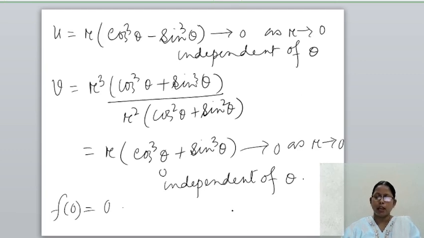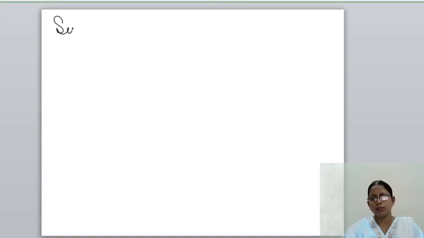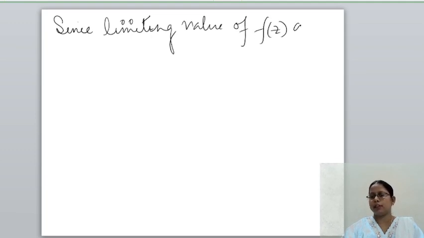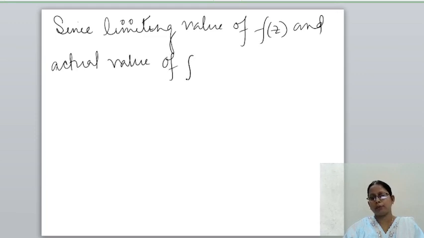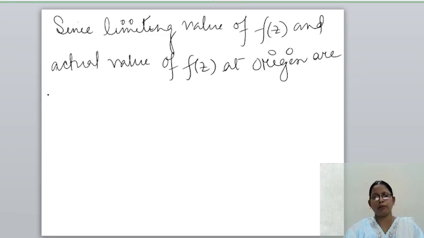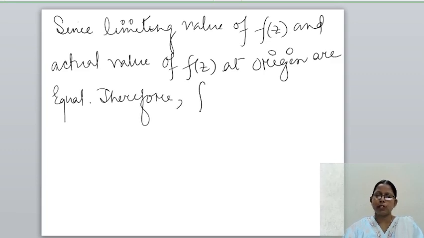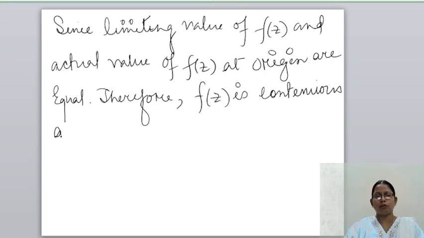Since the limiting value of f(z) and the actual value of f(z) at the origin are equal, therefore f(z) is continuous at the origin.